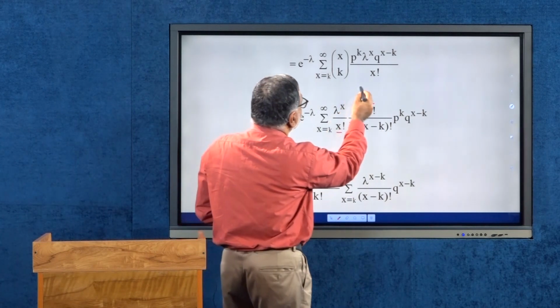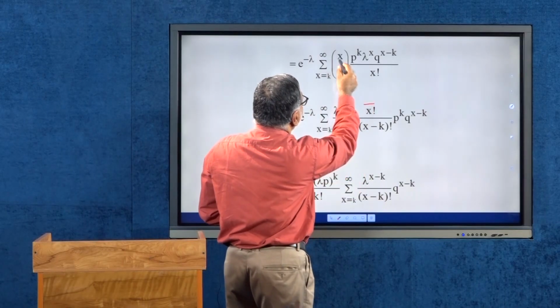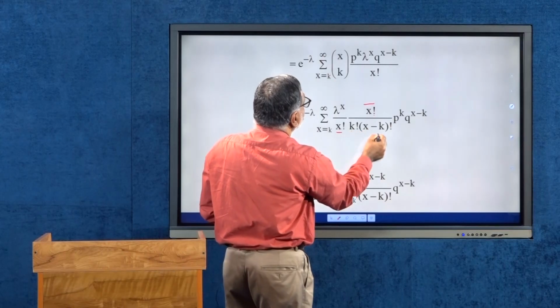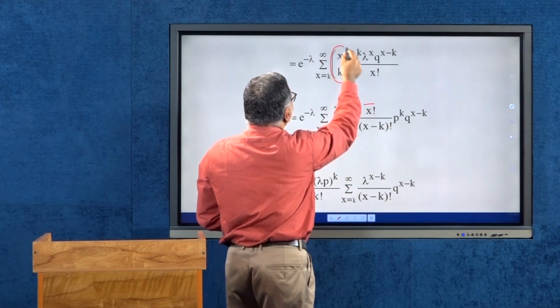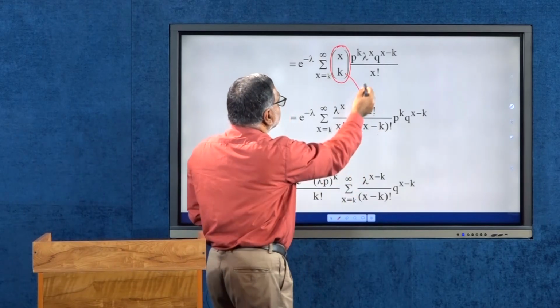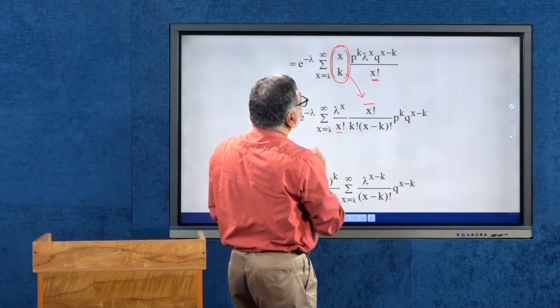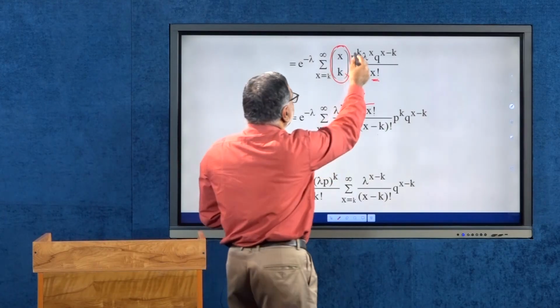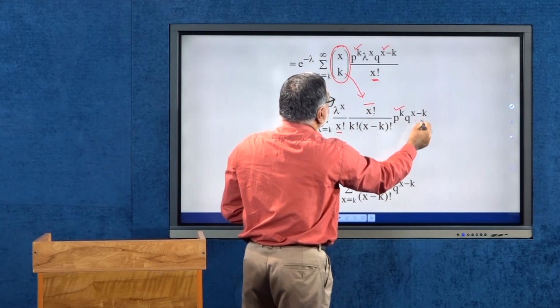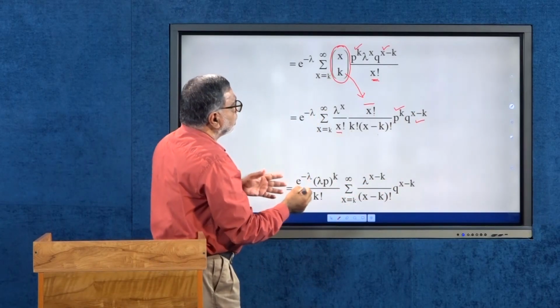And this x factorial is taken with this, and this p power k, q power x minus k. And why are we writing like this?